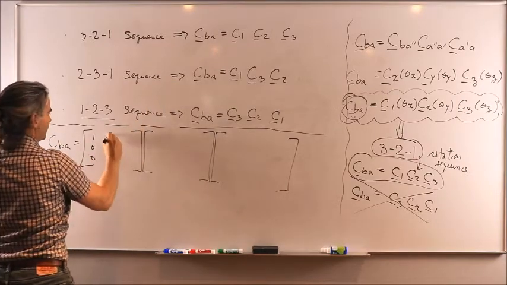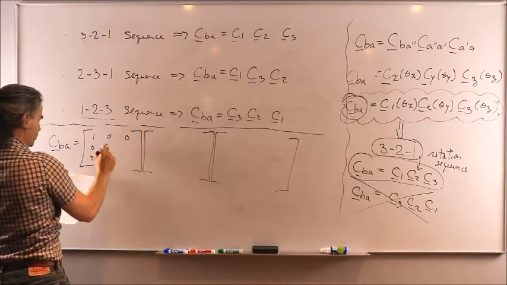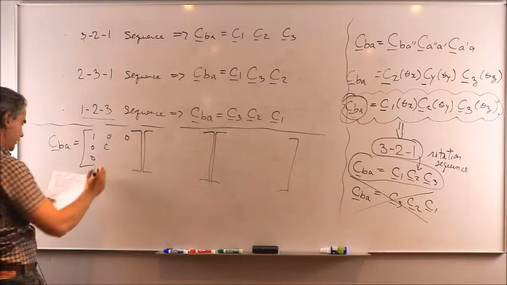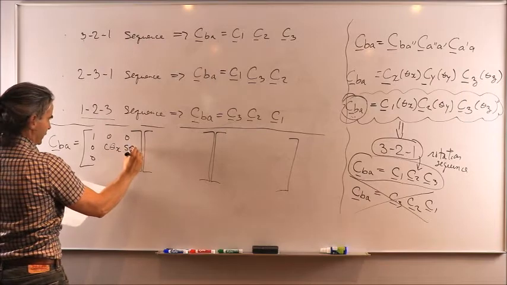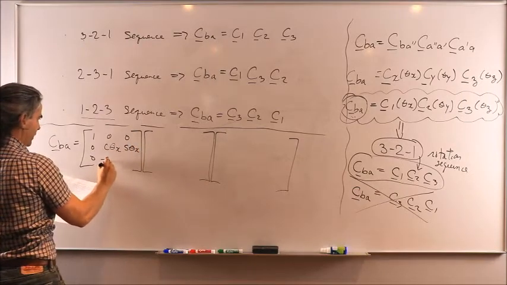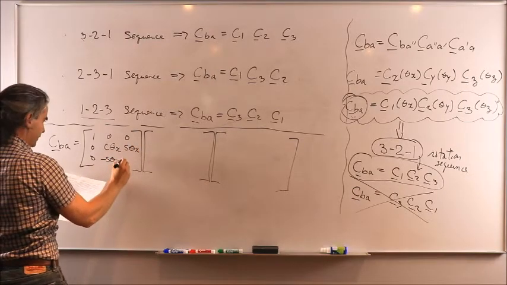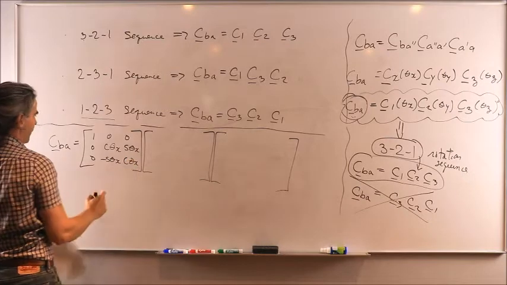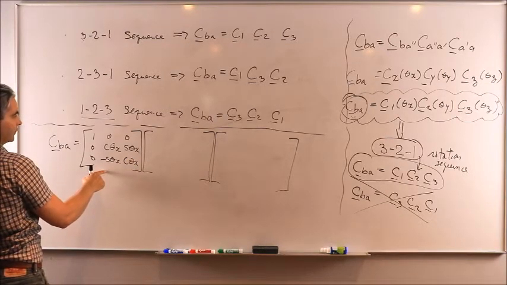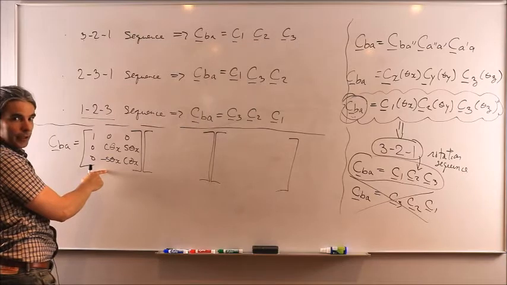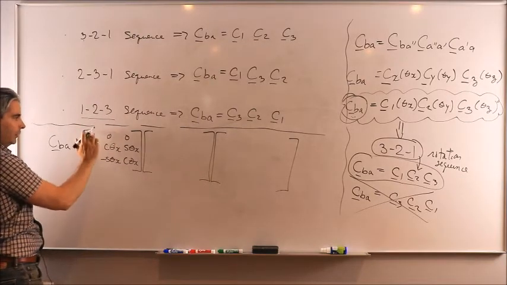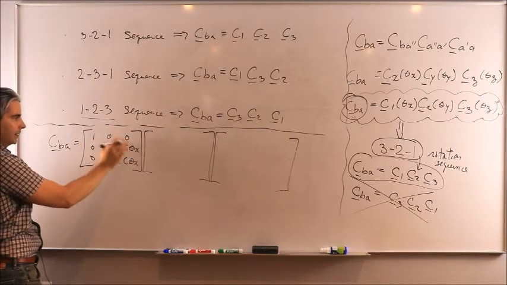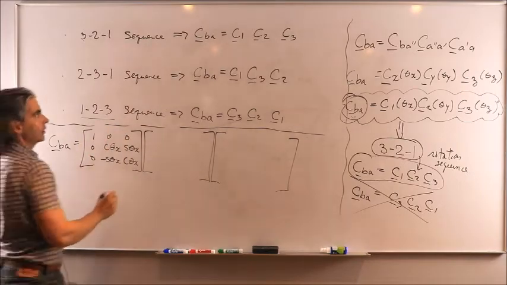So C1, I'm just going to use C for cos and S for sine to speed up the process. So cos theta x, sine theta x, minus sine theta x, and cos theta x. That's for my C1. Right? Principal rotation by the x-axis is always the same. It's always the 1 here, followed by zeros organized like that, and then cosine sine in this fashion.